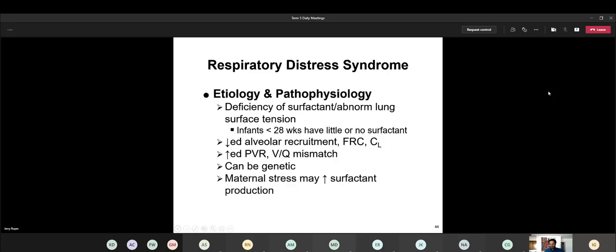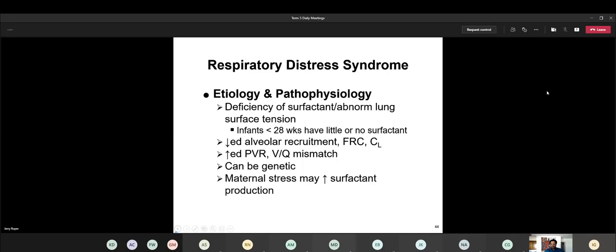Now, any baby who is less than 28 weeks, if they are producing surfactant, it's nowhere near mature yet, so it's pretty much ineffective. And as we saw in the previous chapter or yesterday, with surfactant therapy you may have to do a rescue dose right away to get them in a better situation.